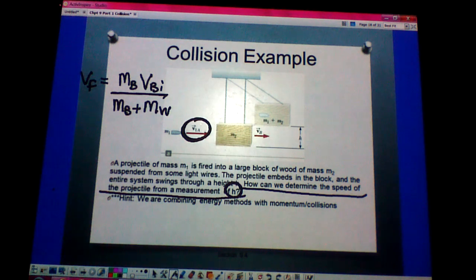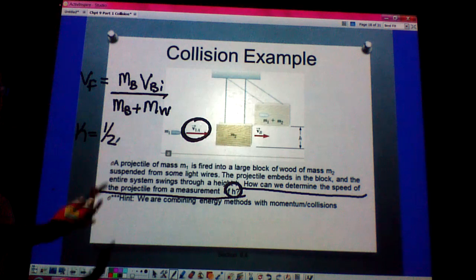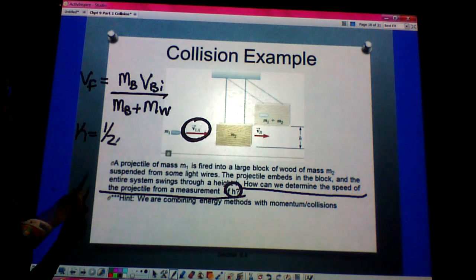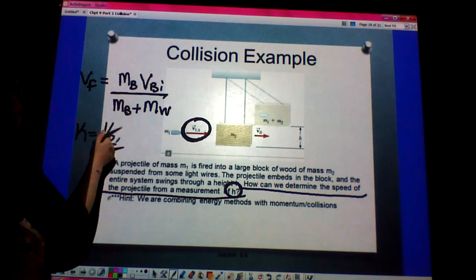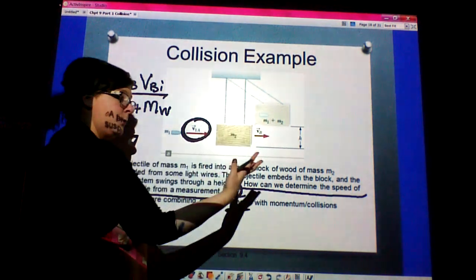Another thing that I know is that I could write an equation for the kinetic energy of the system. We know that kinetic energy is simply equal to 1/2 times the mass times the velocity squared. The mass is going to be the mass of the bullet and the block together.